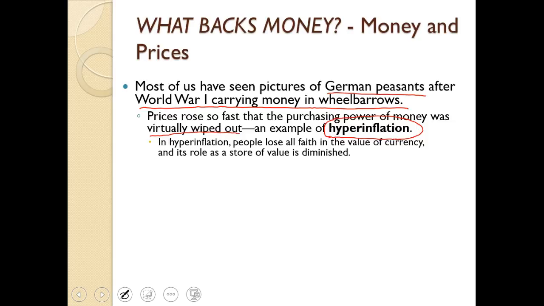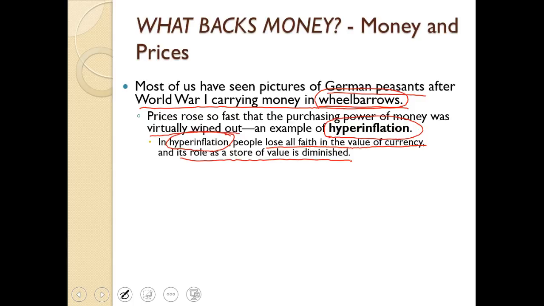Basically, the price of the products in Germany became so inflated, became so high, that it essentially took wheelbarrows of money in order to buy the same amount of goods that you used to be able to carry just in your hand. In hyperinflation, people lose all faith in the value of currency, and its role as a store of value is diminished.